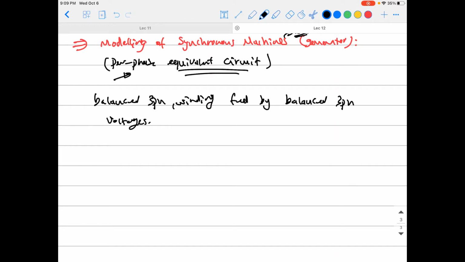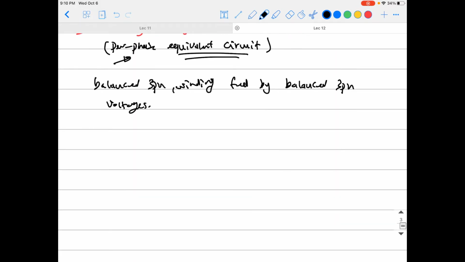Yes, they have a 120 degree phase shift, but we are more concerned about the magnitude, because if you work out the magnitude and angle for just one of them, you can work out all of them. That's why we use one equivalent circuit to represent one phase of the machine, and by calculating all the electrical values for one phase, we can easily find the other phases because they are balanced. Okay, guys?